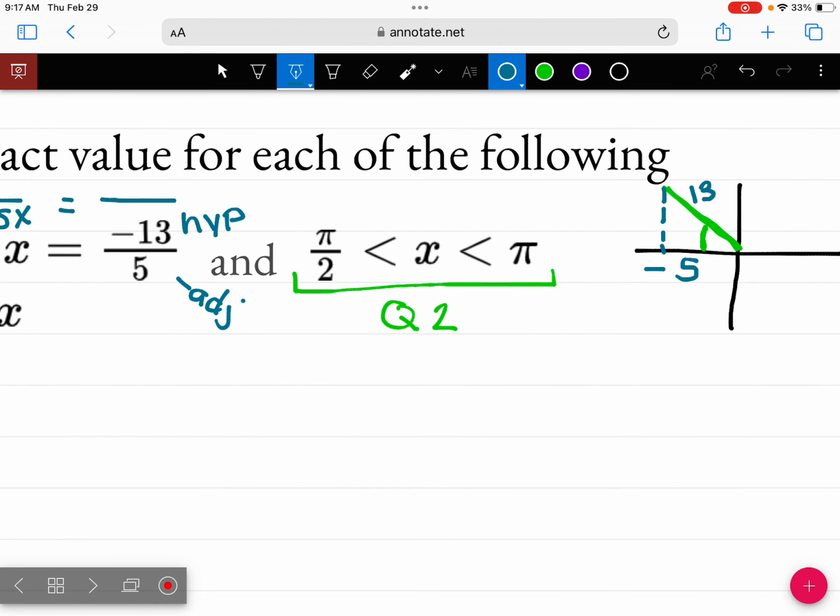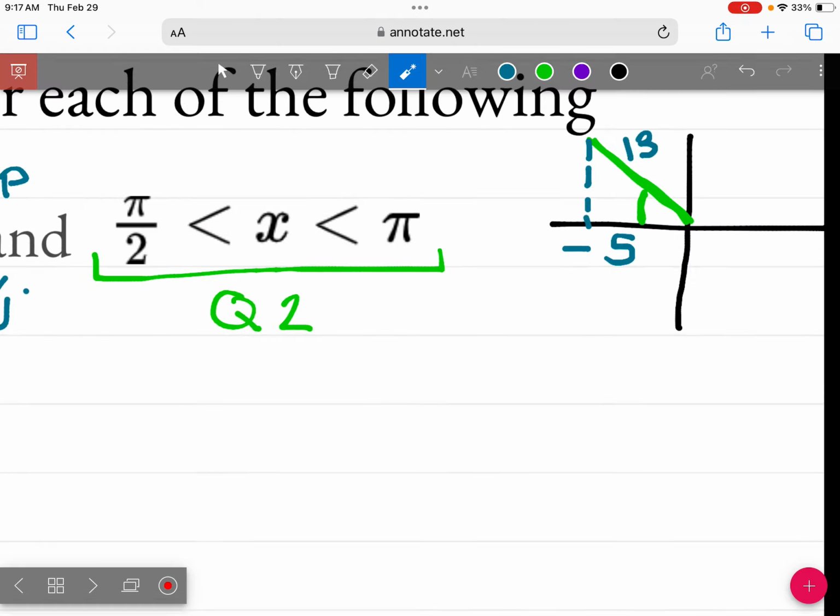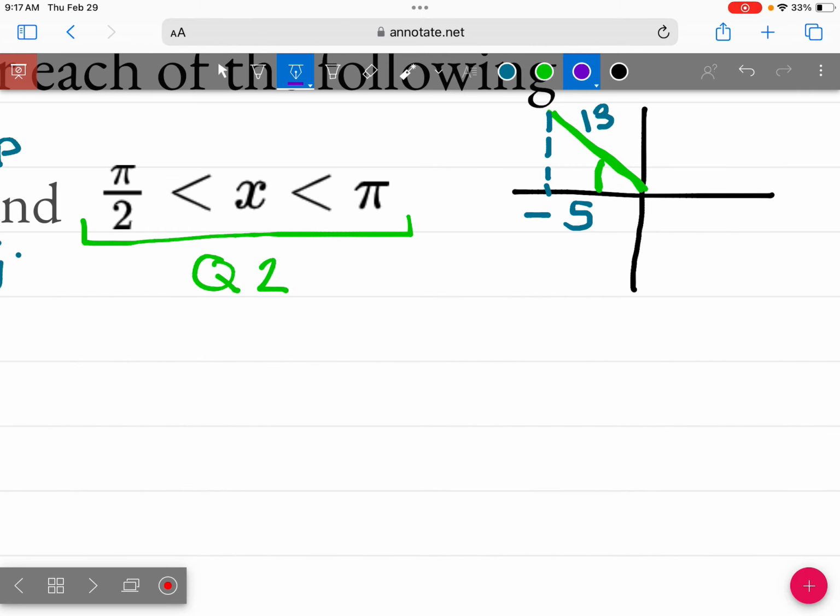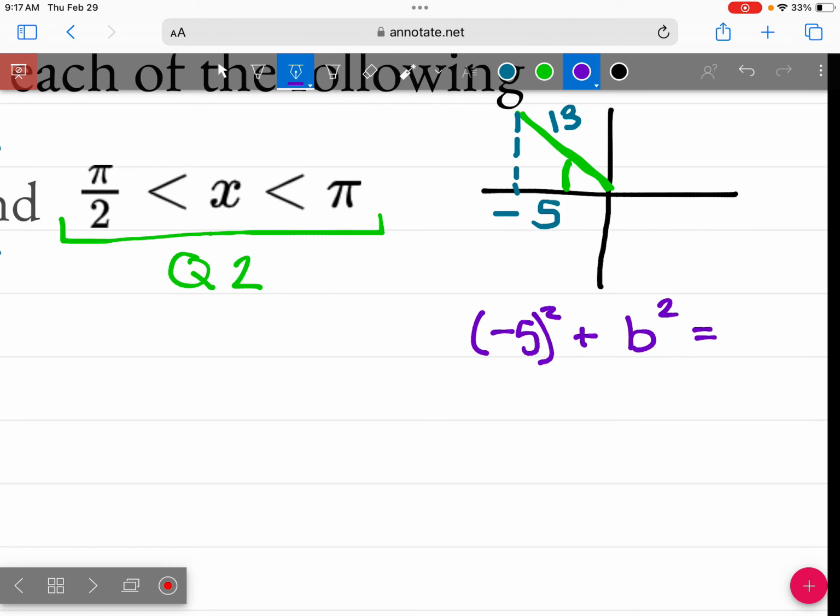So how can we figure out the length of this side? Pythagorean theorem. We know negative 5 squared plus something squared equals 13 squared. That's my hypotenuse. So let's figure out what that other side is. 5 squared is 25. 13 squared is 169.